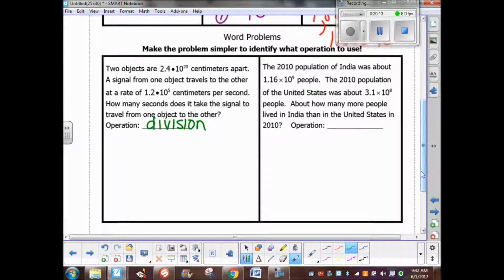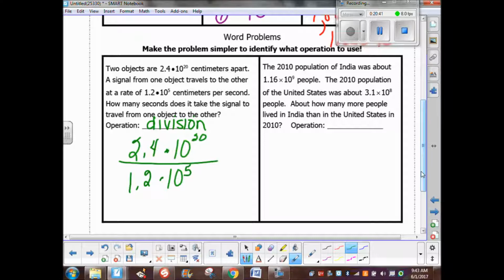And what am I dividing? The numbers. That's what I'm dividing. Right, and I'm going to let you guys figure that one out.